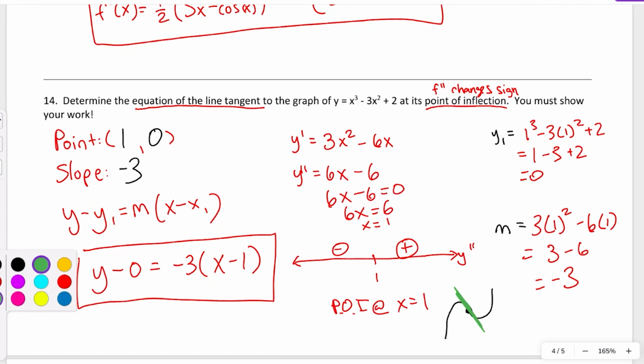And what we just found was the equation of that line. It should have a negative slope because, just look at the graph, the slope there is negative. So anyway, I just want to give you a little visual to accompany your equation so you could have a decent idea of what it is we actually just found.